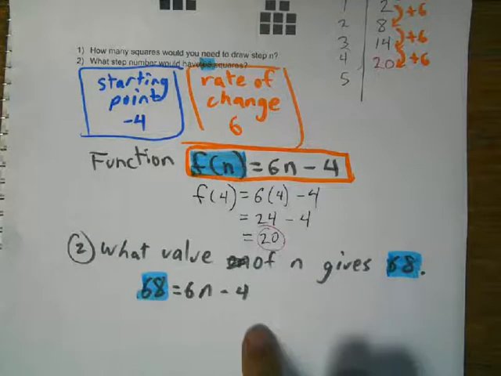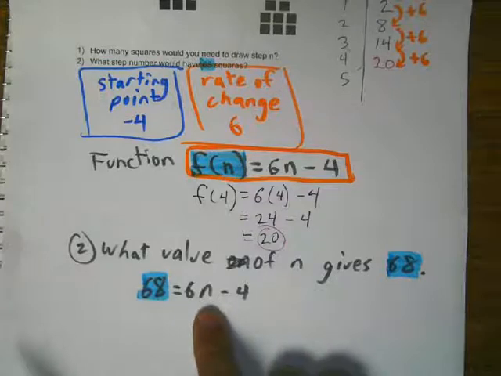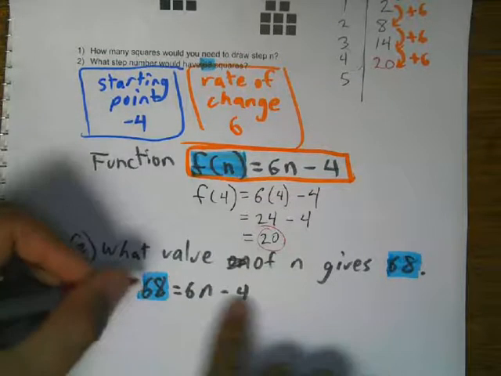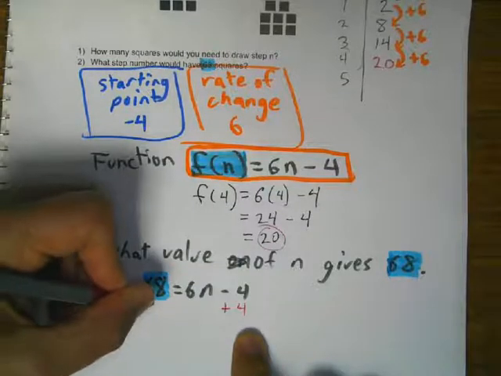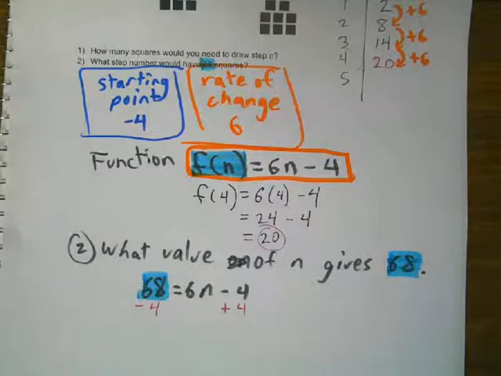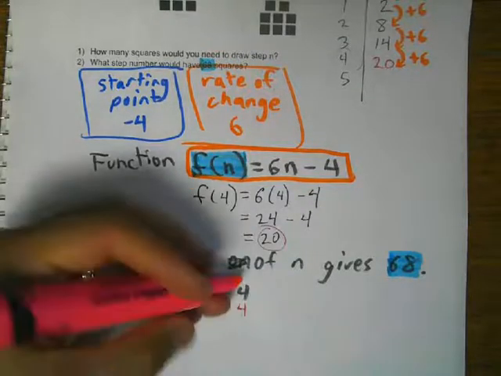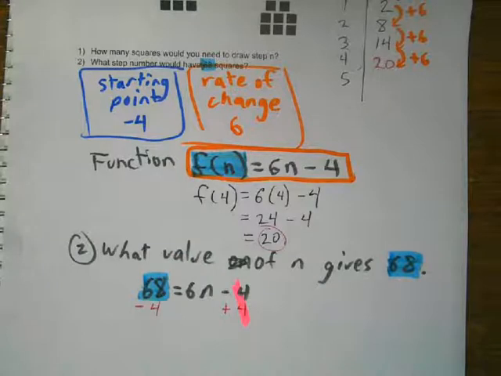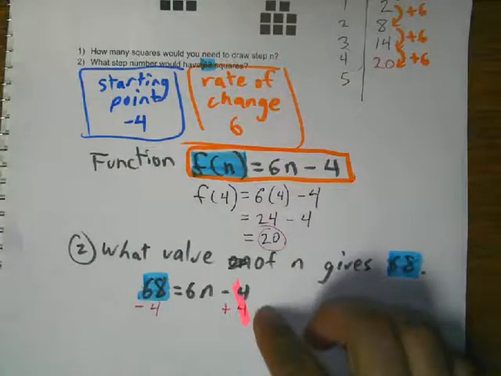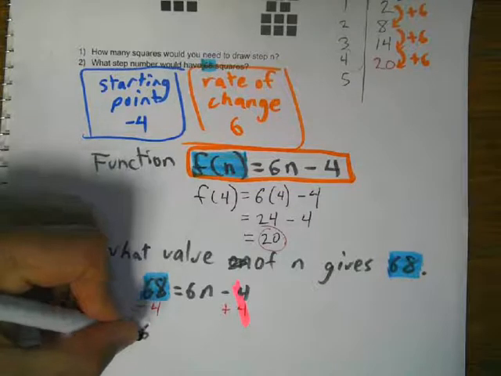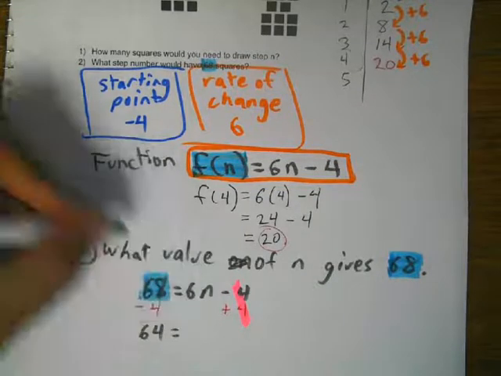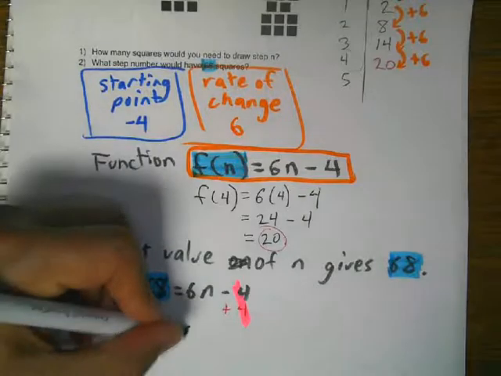So step 1, since this is 6n minus 4, to get the 4 over here, I'm going to have to add 4 on both sides of the equation. That's going to make the negative 4 and positive 4 cancel out, and now I've got 68 minus 4, I'm going to have 64 equals 6n.